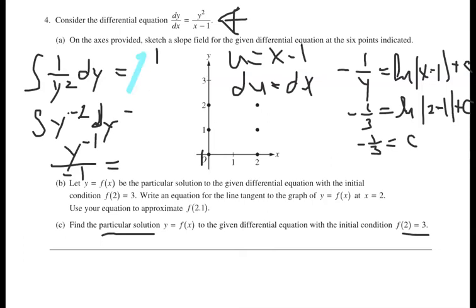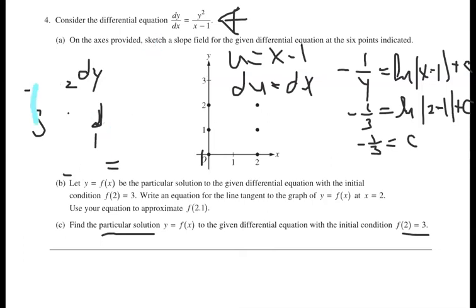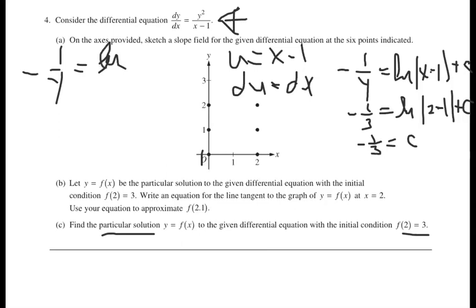And I'm going to plug my c into my equation that's up here on this top right side, and then I'm going to solve that for y. So I get negative 1 over y equals the natural log of x minus 1, and then I plug in that negative 1/3 for c. I've got to take that and do algebra and solve that problem for y.